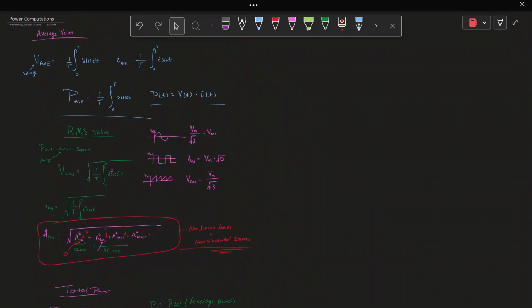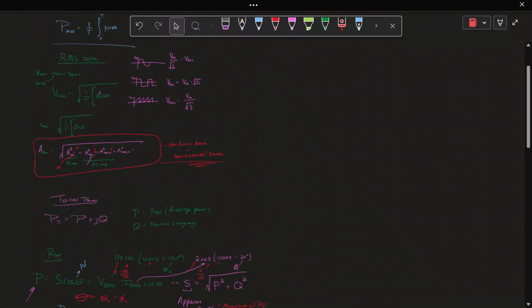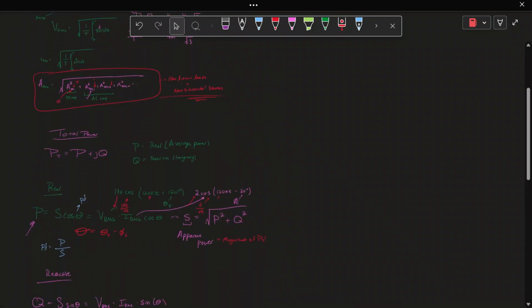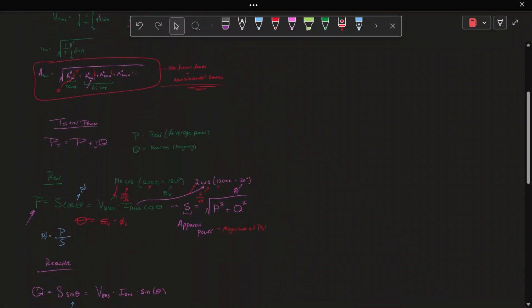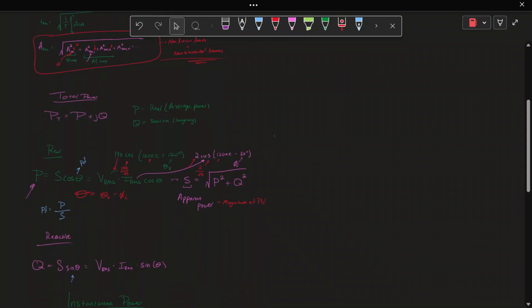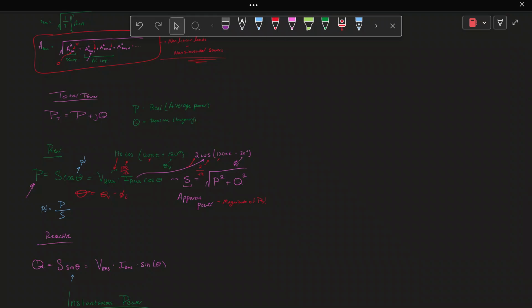So hopefully this was helpful. Hopefully this kind of refreshed some ideas. Remember, this isn't only going to be for power electronics, but for any power concentration class you're going to have, as well as the FE exam. You guys need to make sure you have these basic power equations and understanding.